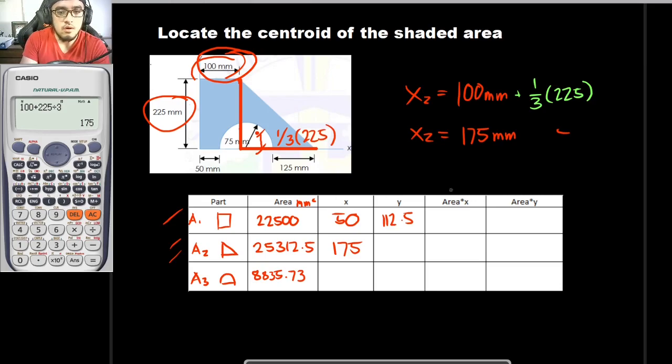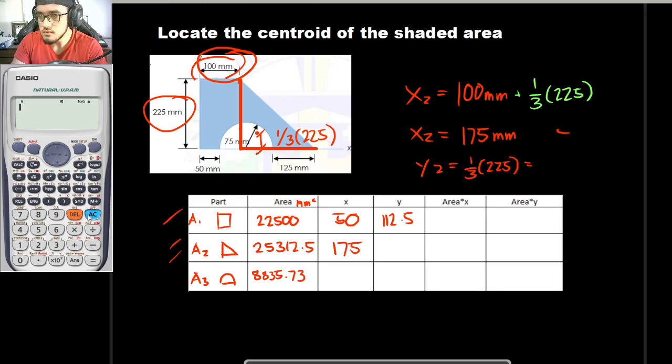So for y2, 1/3 of 225, and that is equal to 225 divided by 3, so that is to be 75 mm. So our y here would be 75.